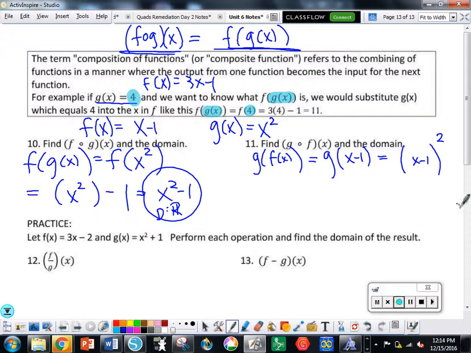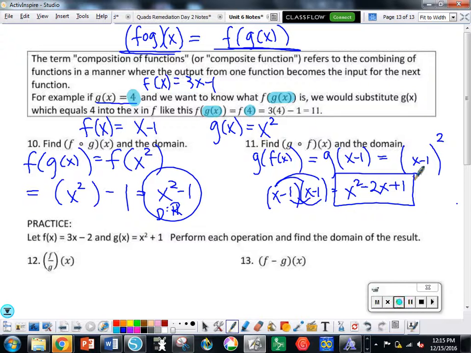How do you simplify this? That is x minus 1 times x minus 1. And now what? X squared, and then you would have minus x minus x. Can I just do that at the same time? So it would be minus 2x, and then plus 1. That would be the f of g of x function.